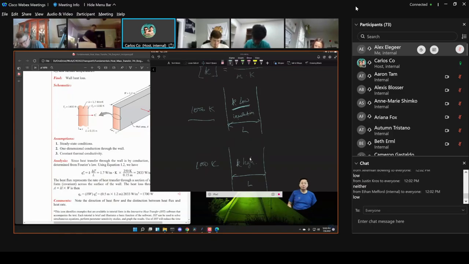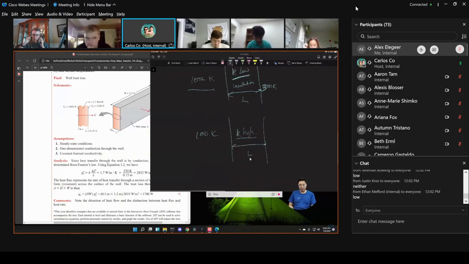If you have an insulation, on this side you might have a temperature of, let's say, 300 kelvins. In contrast, on this side, if you have a high thermal conductivity, this might end up being 900 kelvins, for example, a high temperature.